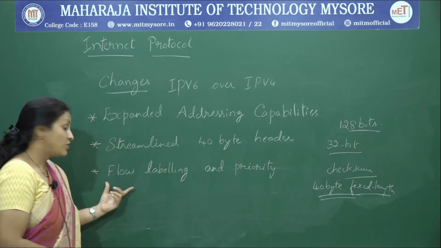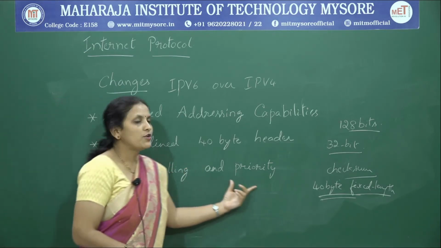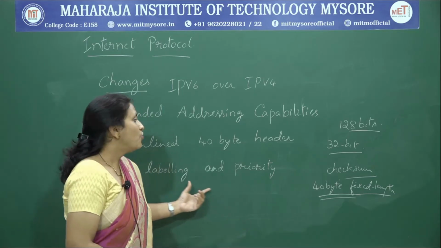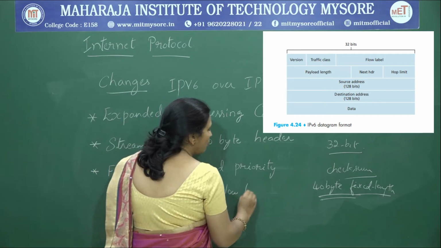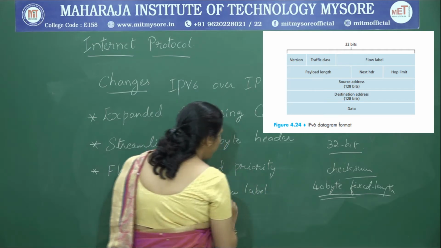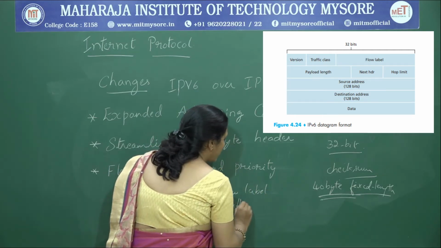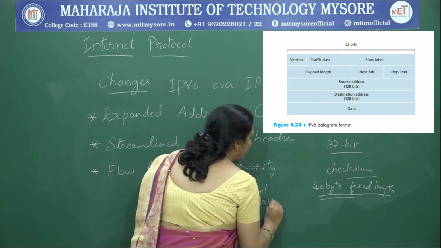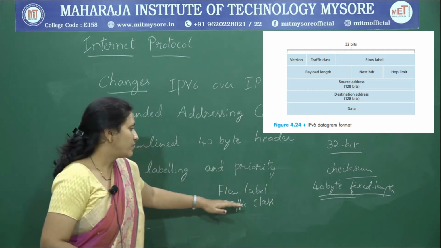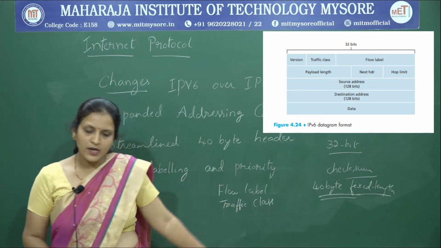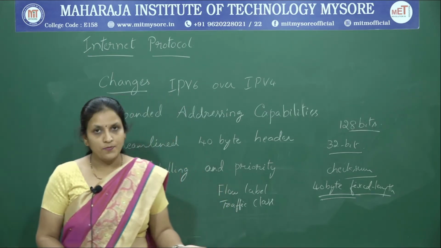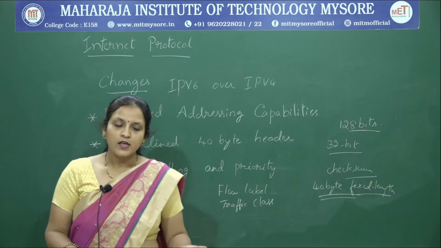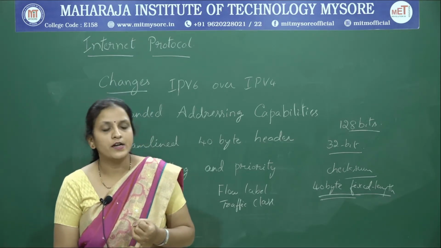The next major change is flow labeling and priority. As I already told you, we have fields called flow label and traffic class in IPv6. There is no clear definition of a flow in IPv6, but even so, audio and video can be considered as one flow.